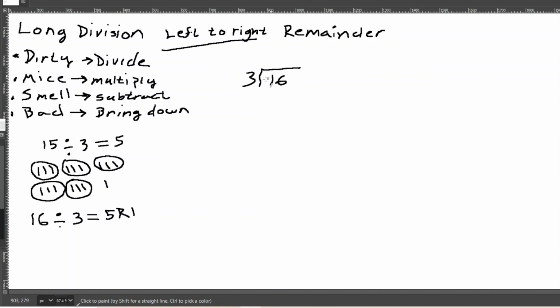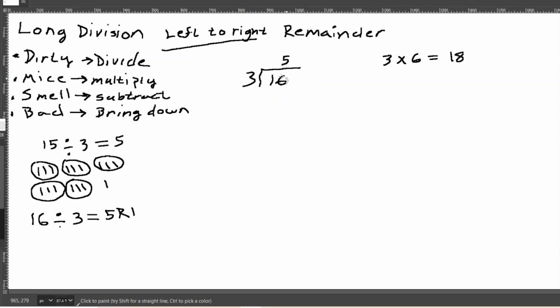so this one's a little bit trickier, right? I know I can only fit 5 of these in here. And the reason why I know that there can only be 5 groups is because 3 times 6 is actually 18, right?